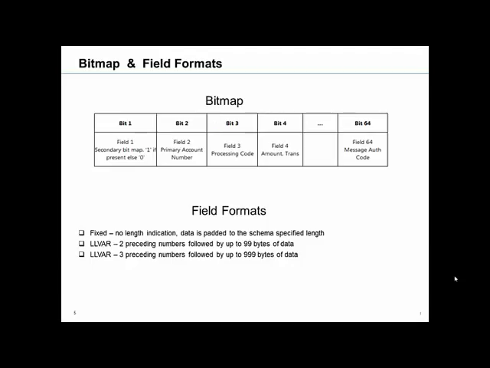Within the schema definition, the definition for every field specifies the permitted content type and, more importantly, whether it is fixed or variable length, with variable length being expressed as the number of digits that precede the data.